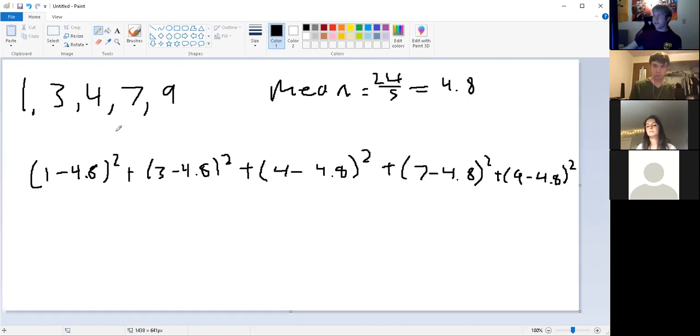All right. So that's what the variance would be. If everyone sees how you get this, we don't really need to solve it out right now. I'm just going to say x is equal to this. And then in the case of standard deviation, the standard deviation is going to equal the square root of that x. Does that make sense? Okay.